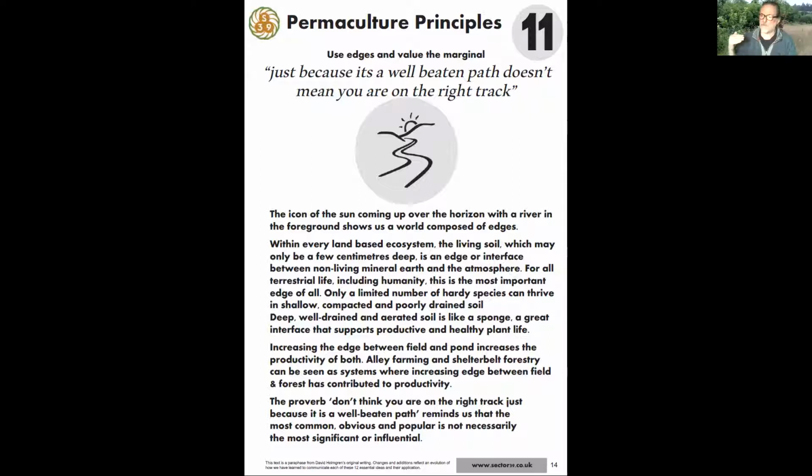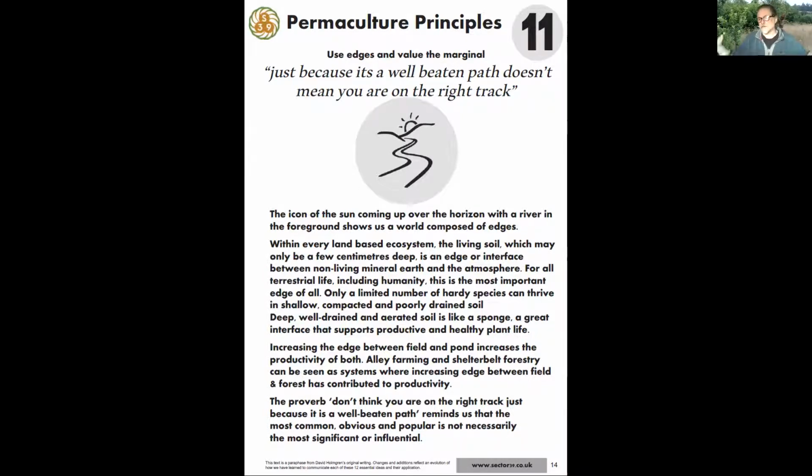So, think about edges. And within the statement there, use edges and value the marginal. Sometimes it's that quiet voice at the back, the person who didn't quite articulate their ideas, that maybe they hold the key piece, or marginal species, the things that we fail to think about because maybe they seem insignificant, well, maybe they turn out to be the most important part of a system.